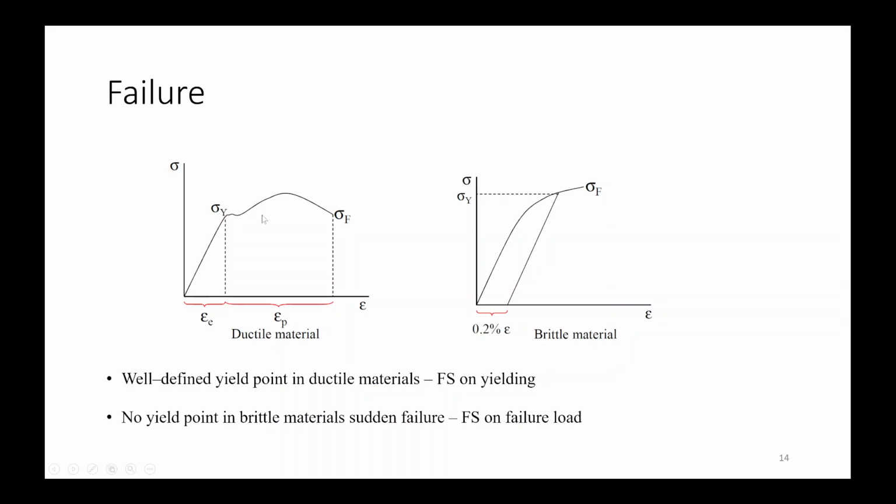Using stress strain curves, we can define what will be termed brittle and what will be termed ductile. When your percent elongation at failure is higher than 10% or so, then we define it as a ductile type of material. If it is lesser, then we say it is a brittle type of material.